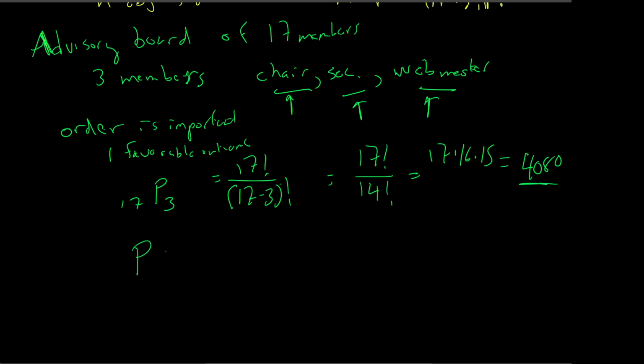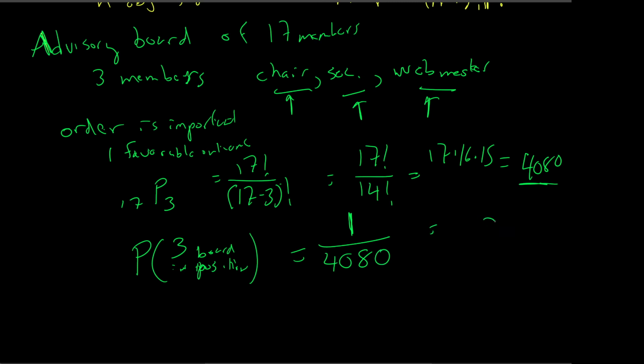So the probability of picking 3 board members in position is equal to, there's one way of doing that, out of 4,080. Okay. Or about 0.02%.